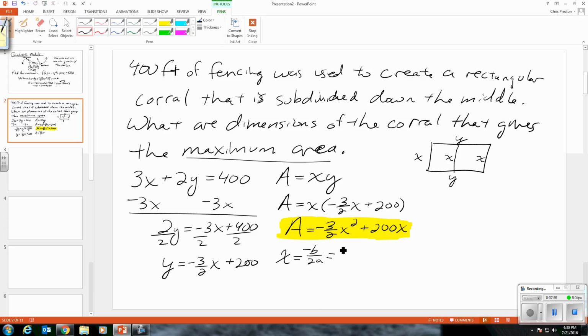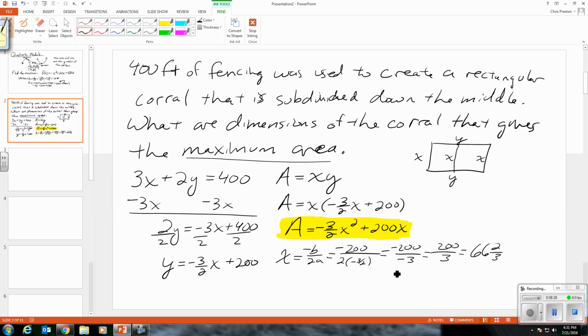So negative, again, b is 200, that's the value with the x. 2 times negative 3/2, that's the value with x squared. So this is negative 200 over 2 times negative 3/2, that's negative 3. So 200 thirds. I'm going to get 66 2/3.